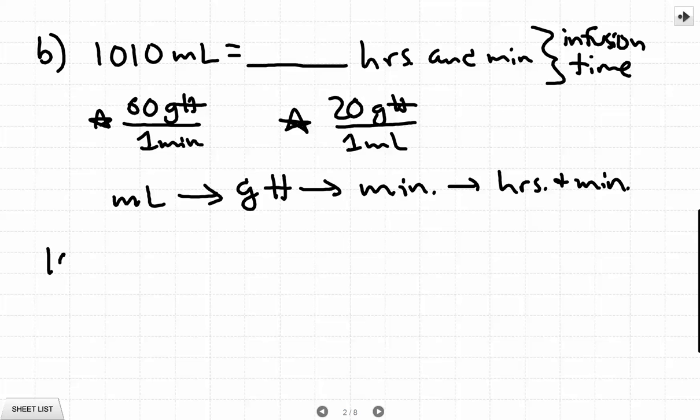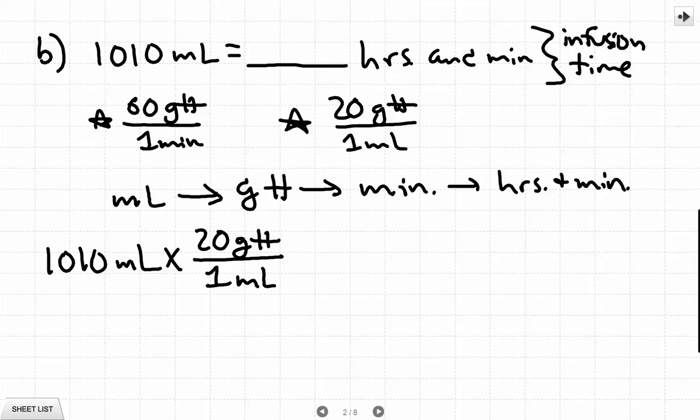So let's go ahead and start with the 1,010 milliliters. And the first thing I want to do is get rid of the milliliters and move into drops. So here's where my IV calibration rate comes in handy. I know that every 1 milliliter corresponds to 20 drops. So if I were to stop at this particular point, this would tell me all of the drops that are going to go through the IV chamber.